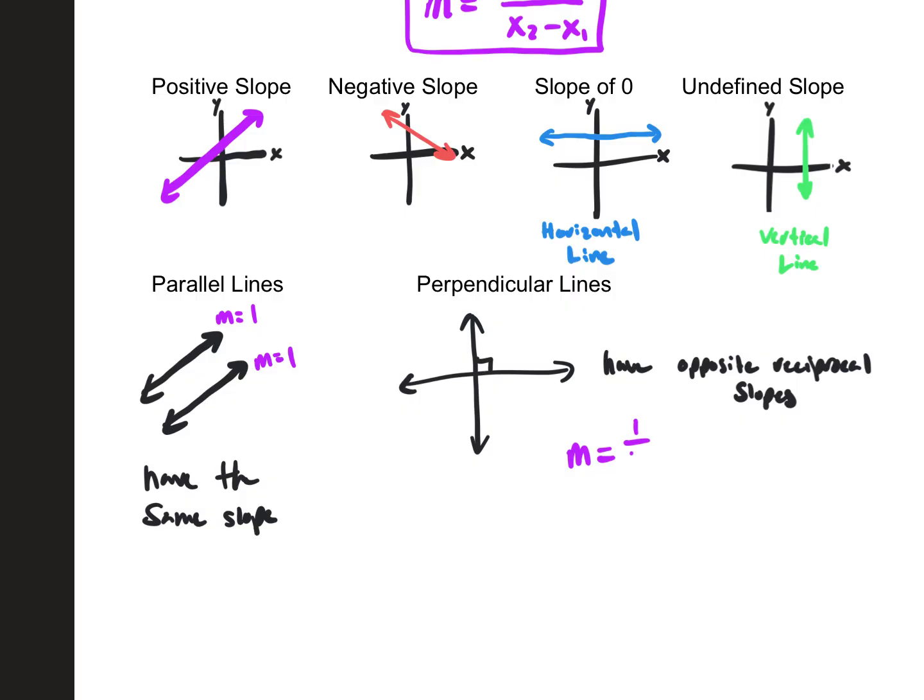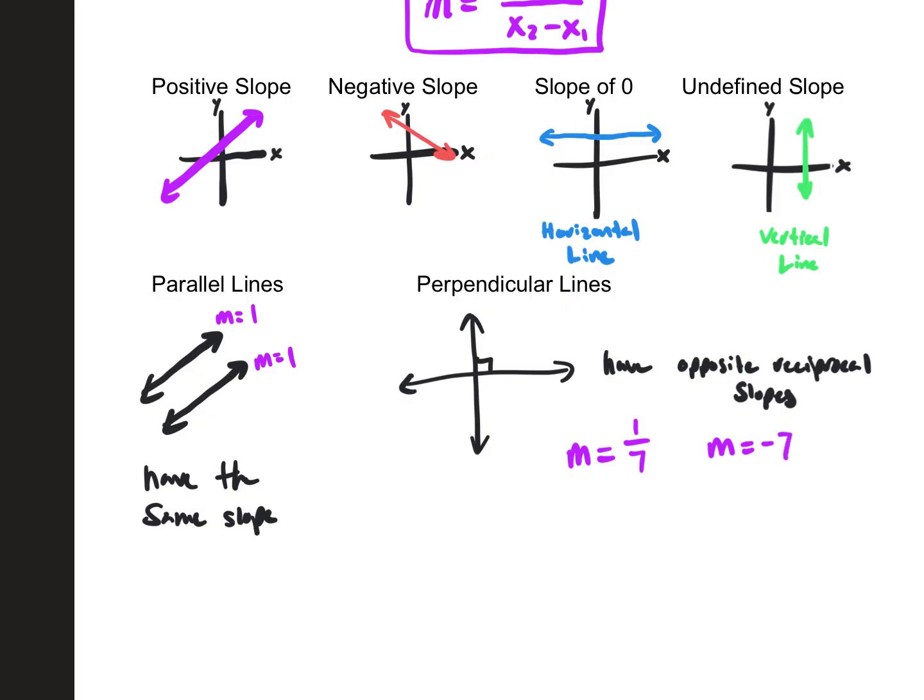And so what that means is, for example, if one of your slopes was 1/7, the other slope would be two things. It would be the opposite, meaning I would change the sign. So my first one was a positive 1/7. My other slope that's perpendicular to it would be opposite, negative. And reciprocal just simply means you are flipping this and switching the numerator and denominator.